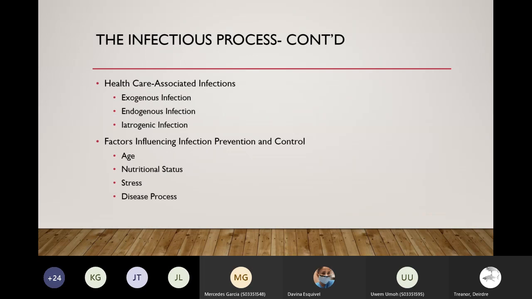So we have healthcare associated infections, and you have exogenous infections, which occur from outside the individual. Endogenous, which are part of your normal flora that becomes altered. Like I said, when you take an antibiotic and your normal flora decreases or increases.